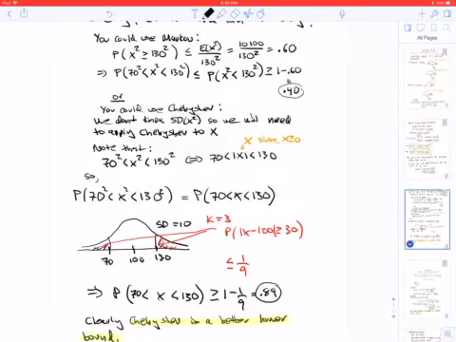The thing is that we can't apply Chebyshev to x squared because we don't know the SD of x squared. So we'll have to take the square roots across the inequalities here. Notice that x squared between 70 squared and 130 squared is equivalent to x between 70 and 130.